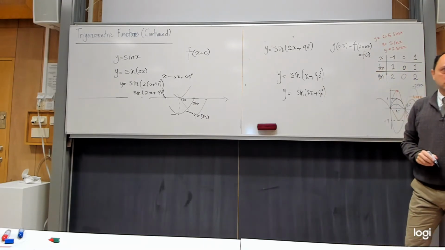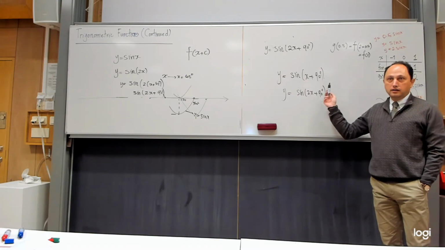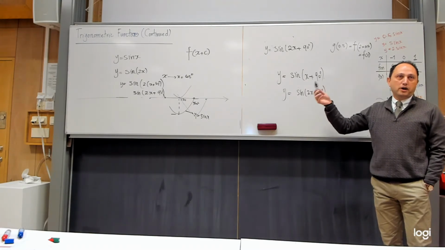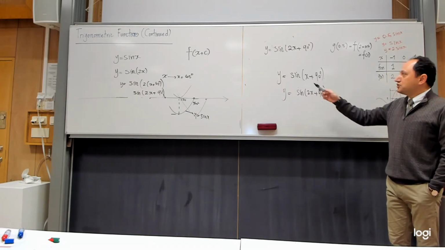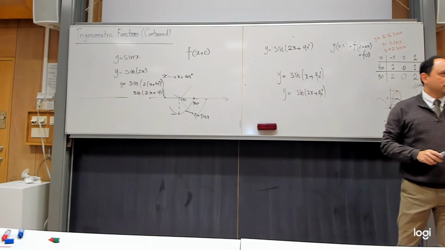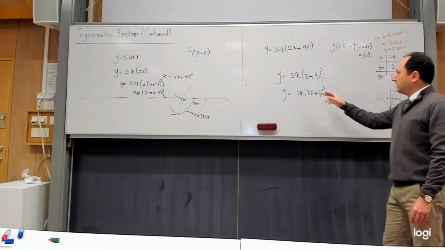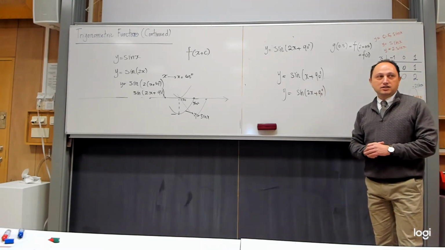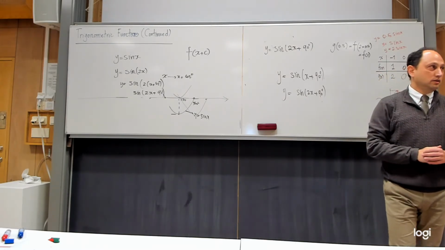So that is correct. So you first shift and then squeeze. You are changing x by 2x, so you are squeezing that. And then these two operations are not commutative. So it is very interesting. If you first shift and then squeeze, it's not the same thing as if you first squeeze and then shift.